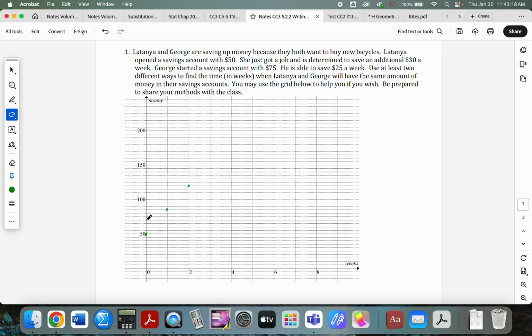All right, so this one's 75. 10, 15, 20, 25. So it starts here. And it's going up by 25. 25 a week. So 5, 10, 15, 20, 25. So they're getting closer. So that should be right there at 100.